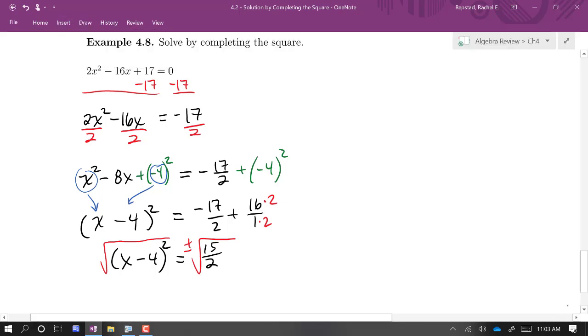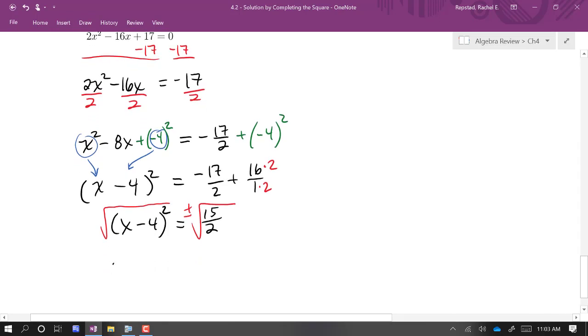What we have now is x minus 4 is plus or minus the square root of 15/2. It's not really conventional to put fractions inside a radical, so I'm going to split it up over division and then rationalize the denominator by multiplying the top and the bottom by the square root of 2.